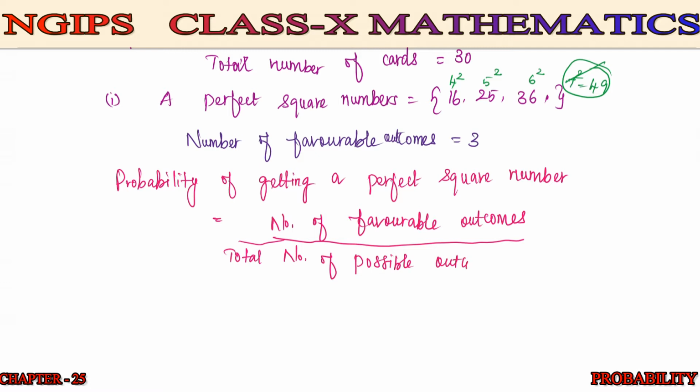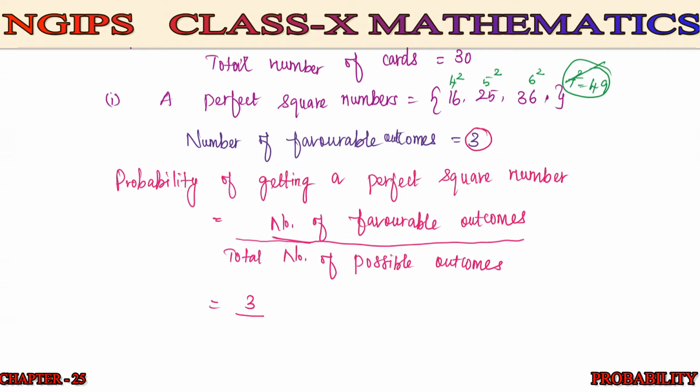Now here, the number of favorable outcomes is 3. So I can write 3 divided by total number of possible outcomes.